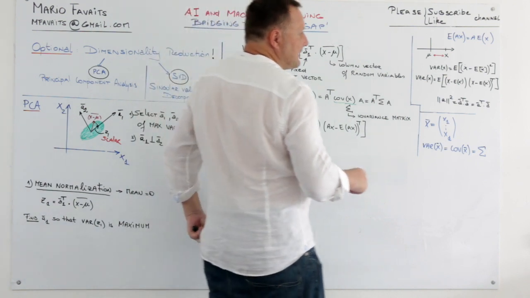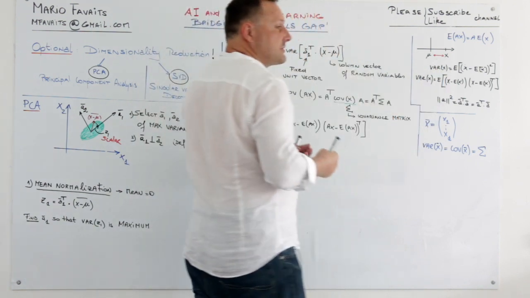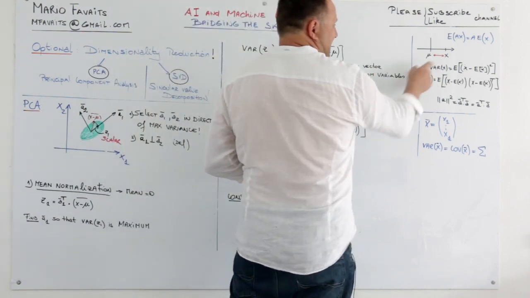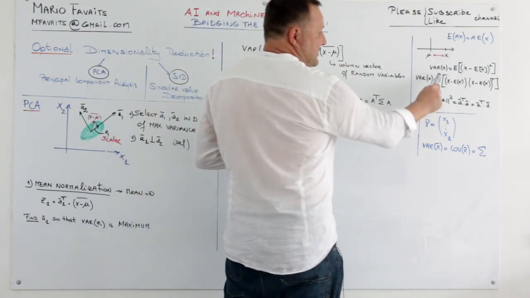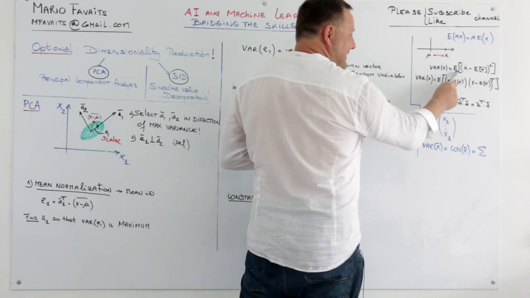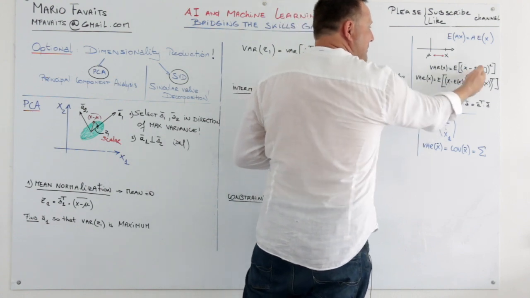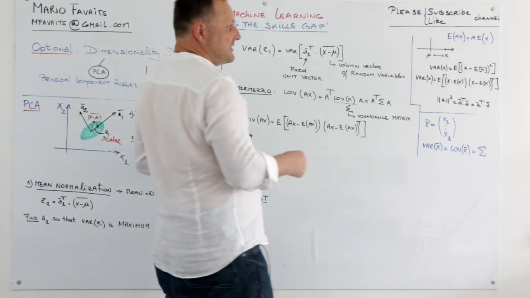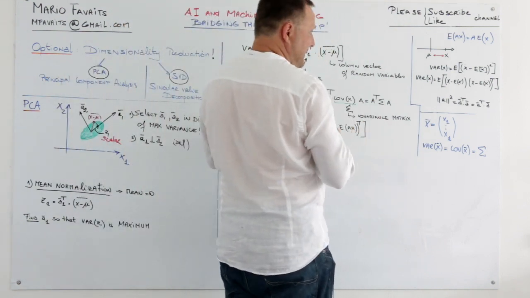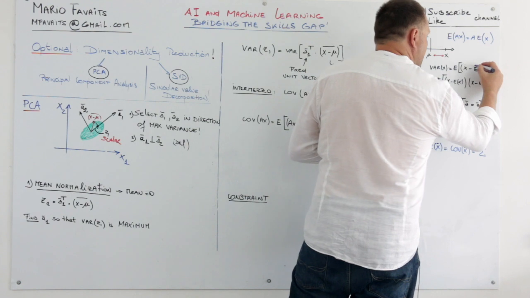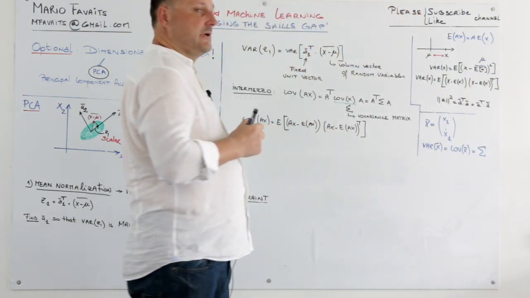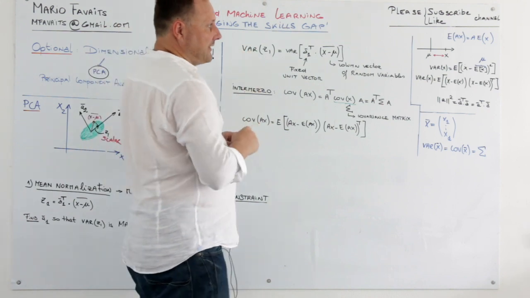But basically, the variance is a measure of the spread of the data. The definition of the variance is the expected value of x minus the expected value of x, squared, where the expected value of x, in our case, we call it mu, is the mean. So it's a measure of the spread.